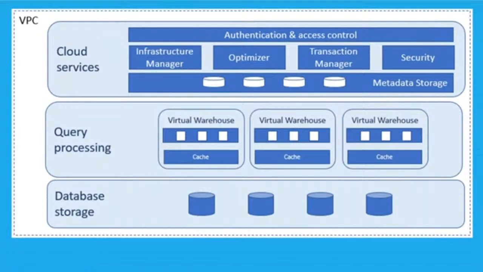In a single word, I can say the query processing layer is the virtual compute warehouse. I recommend you make some running notes also. I will share this content after the end of the session. This query processing layer is a hardware component which can be called a virtual compute warehouse.